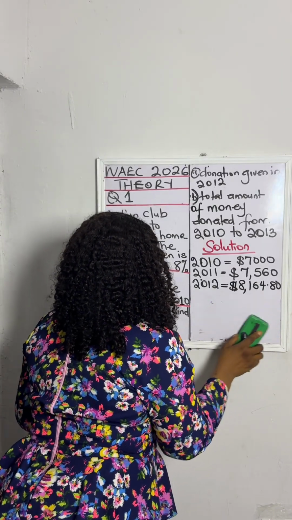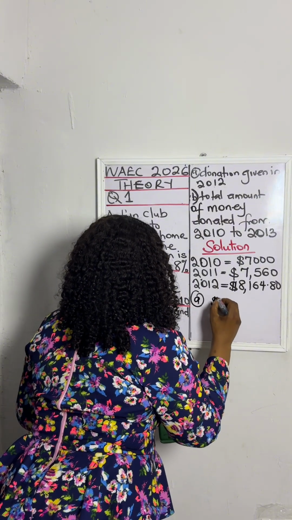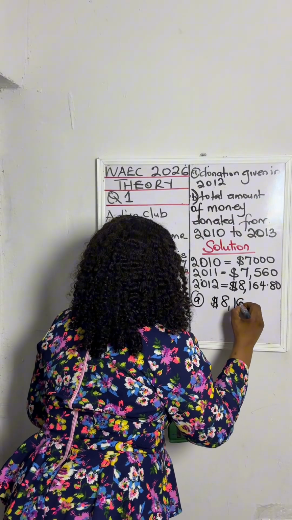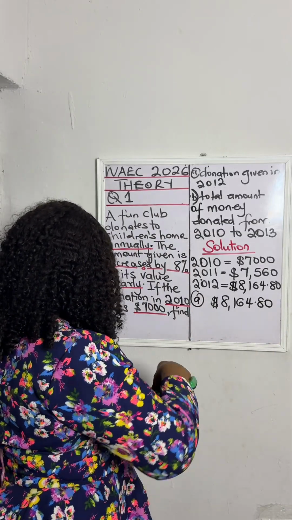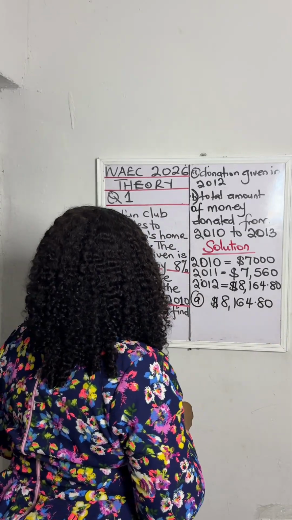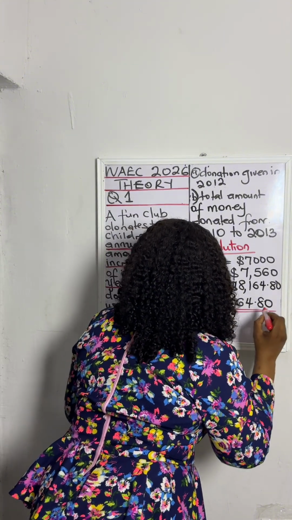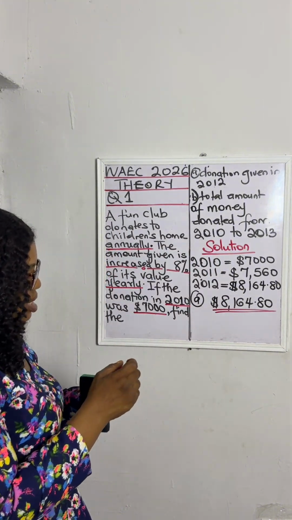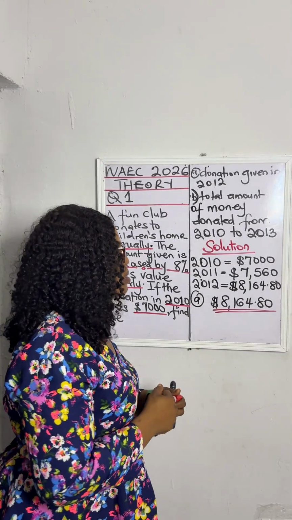So our answer, our A answer, is $8,164.80. This is the donation or the amount that was paid out in 2012. Can we go ahead to answer the B question? The B question says total amount of money donated from 2010 to 2013.